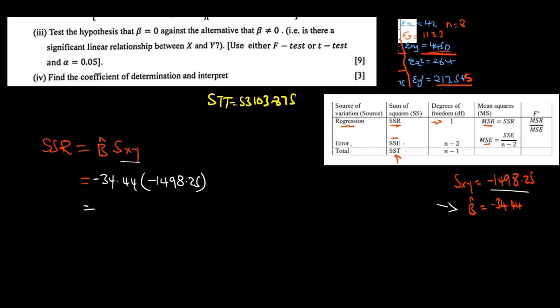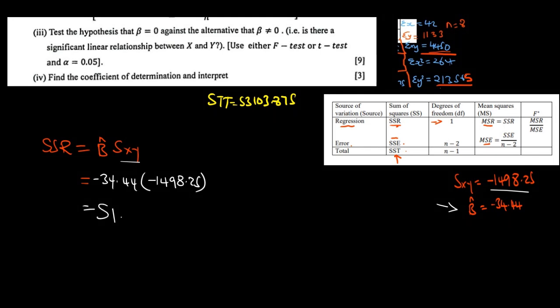So it means our SSR will just be a product of those now. So it will be minus 3.44 multiplied by minus 1498.25. When I multiply that, I'm getting 51,599.73. So this will be my SSR.